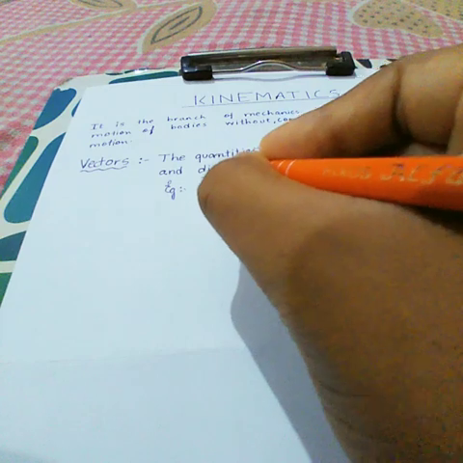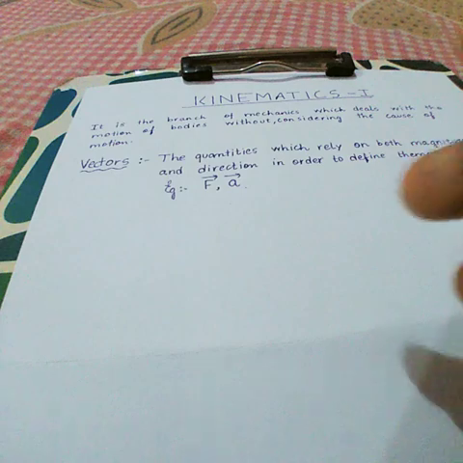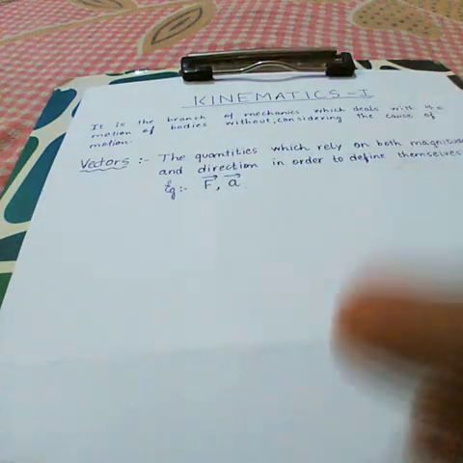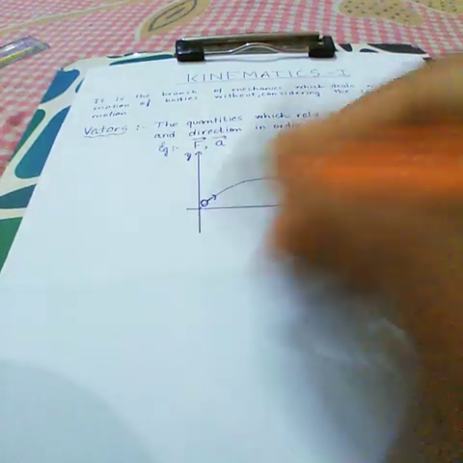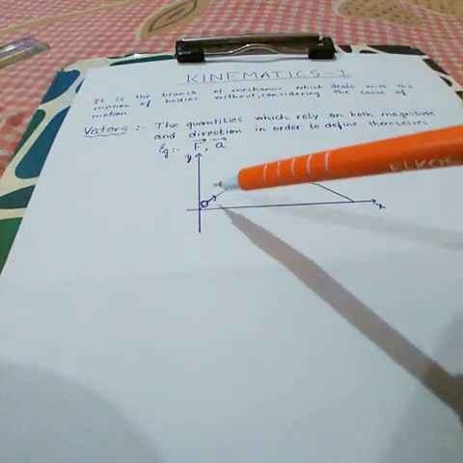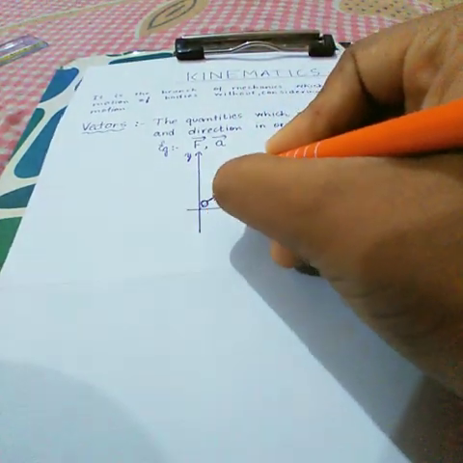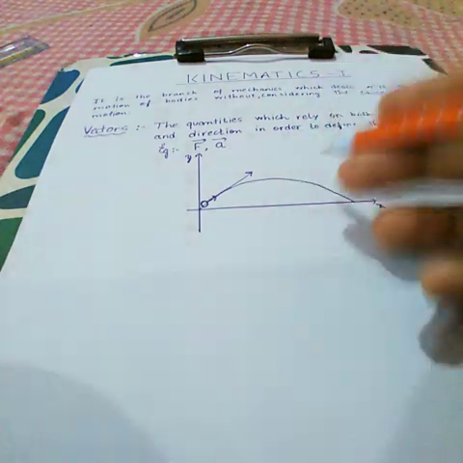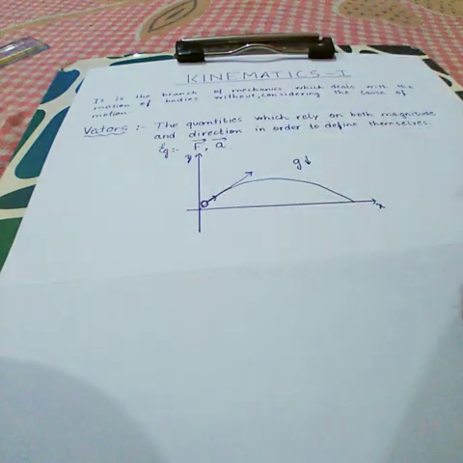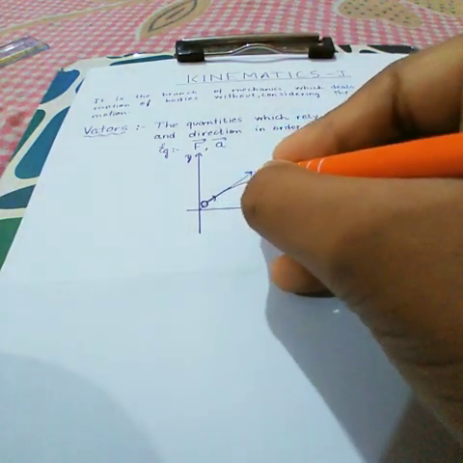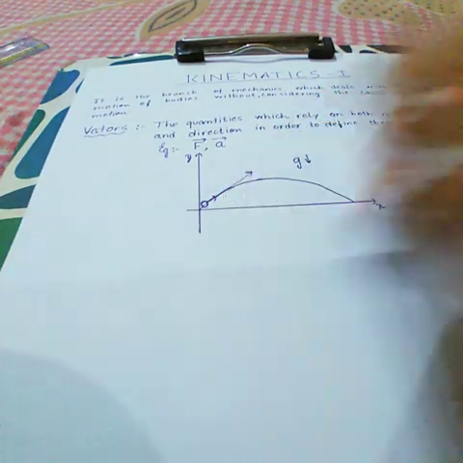The length of this line can also denote the magnitude of the vector, as the arrowhead denotes the direction of the vector. For example, if we project a projectile here, its tendency will be to move towards this direction. But under the influence of gravity g, it will be pulled downwards, and with time it will go downwards and follow this type of trajectory.